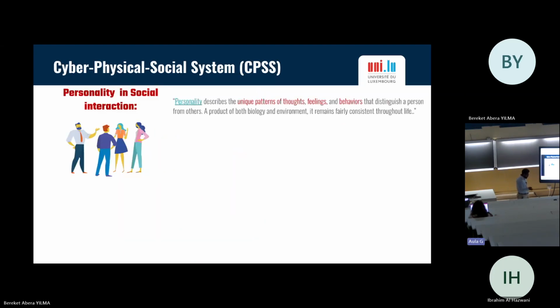So let's pause on CPSS for a second and talk about the concept of personality in social interaction. When I say personality of people, what do you understand? What is personality for you? Anyone? I think that's a very huge concept. It is, but what do you understand when I say personality?